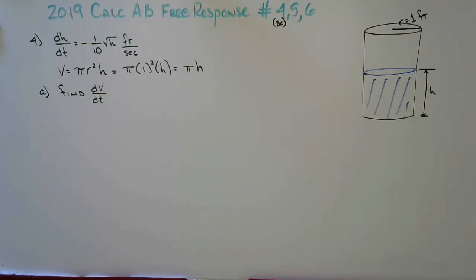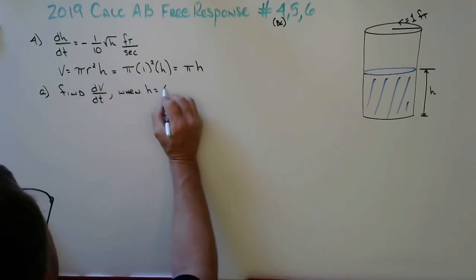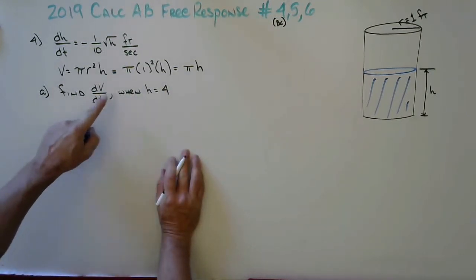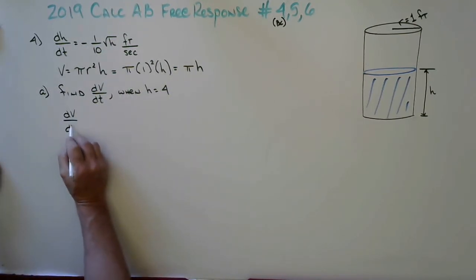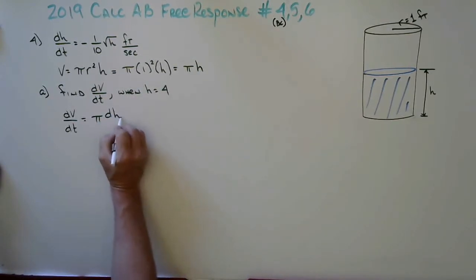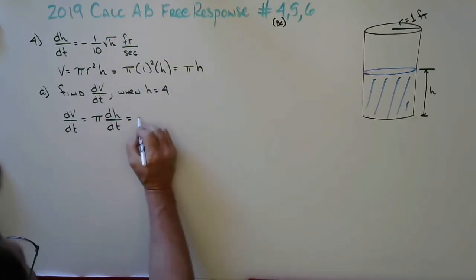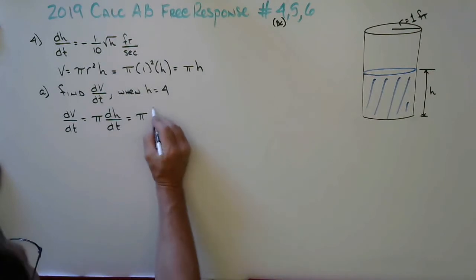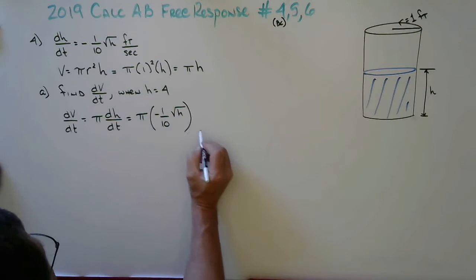Part A says find the rate of change of the volume of the water with respect to time when h is 4. Well, we have the formula for the volume right here. So dV/dt is equal to the derivative of this, which is going to be pi times dh/dt. But we know dh/dt. They gave us that, so it's pi times negative 1 over 10 times the square root of h.